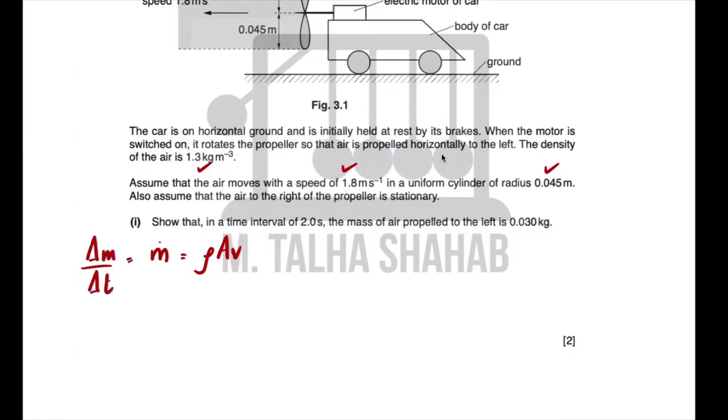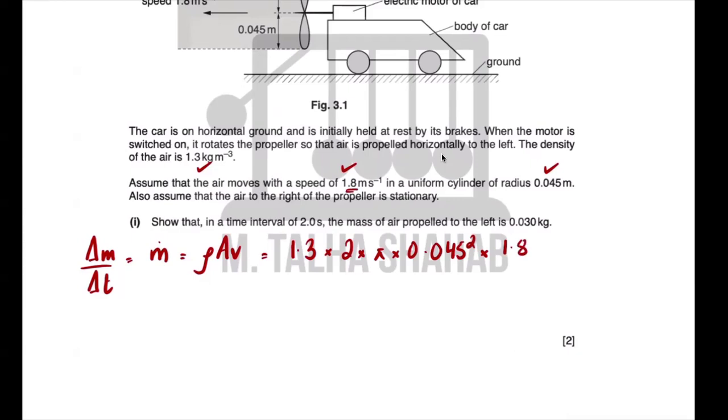So first, if I find out the mass flow rate, which is rho A v, rho is 1.3. The area is twice the area of one cylinder, and the area of that cylinder is pi r squared because it's a circle, and then the velocity is 1.8 meters per second.